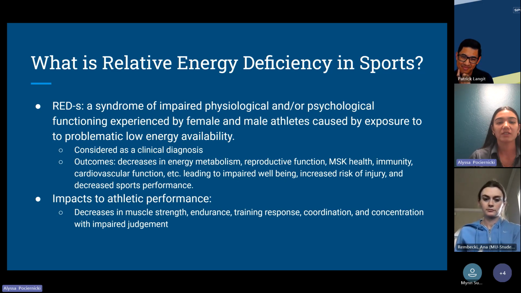All of those compile and lead to impaired well-being, increased risk of injury, and decreased sports performance. Decreased sports performance can vary between every athlete and between the genders, but in general, the impacts to athletic performance are a decrease in muscle strength, endurance, training response, coordination, and impaired judgment.